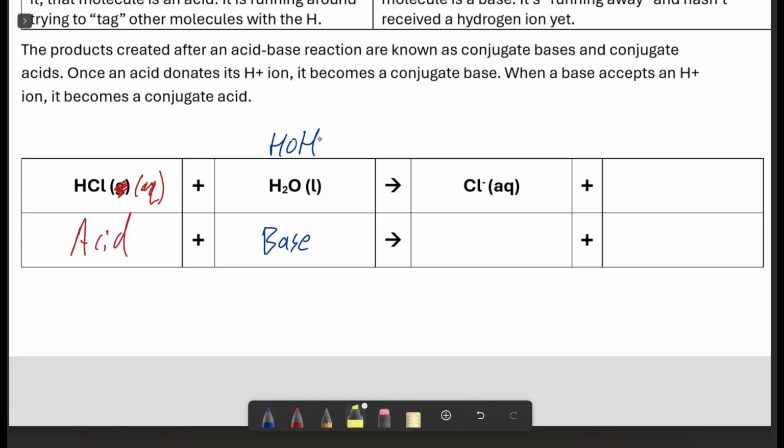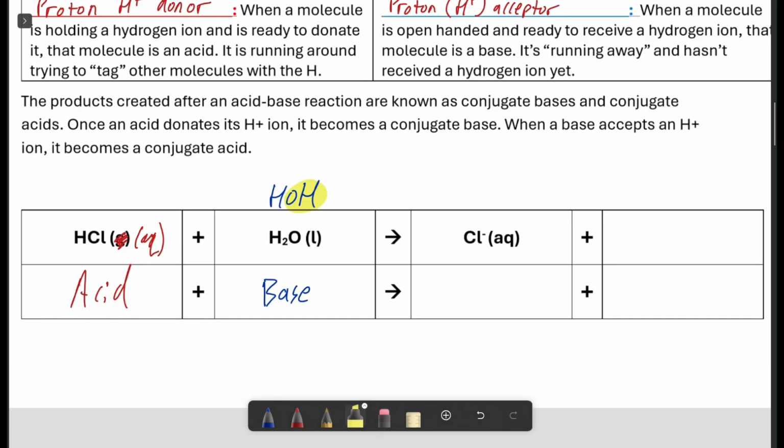When you look at the OH part, does that sound like an acid or a base? Sounds like a base. But if you look at the H part, does that sound like an acid or a base? Sounds like an acid. Water can be both. It can be either an acid or a base, depending on what side you're looking at and depending on how it interacts with the other molecules.